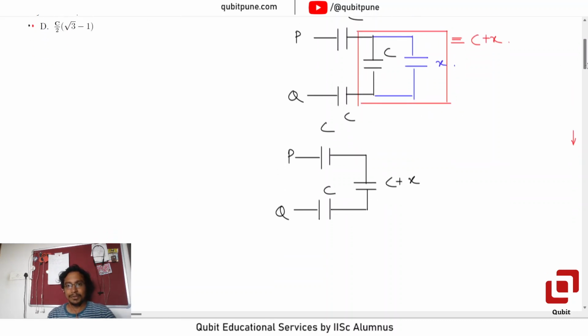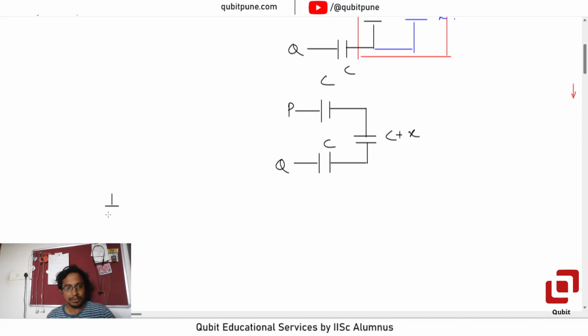So how to handle it? 1 upon X equals 1 upon C plus 1 upon C plus X plus 1 upon C.